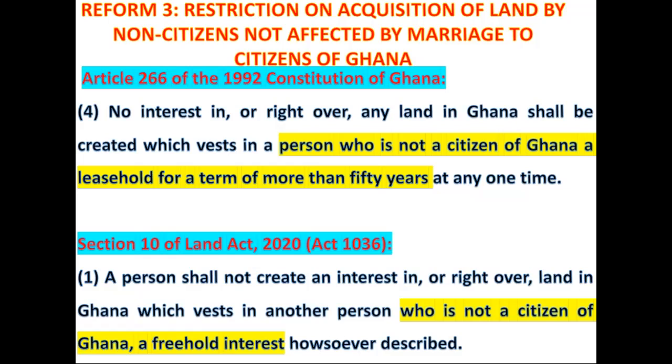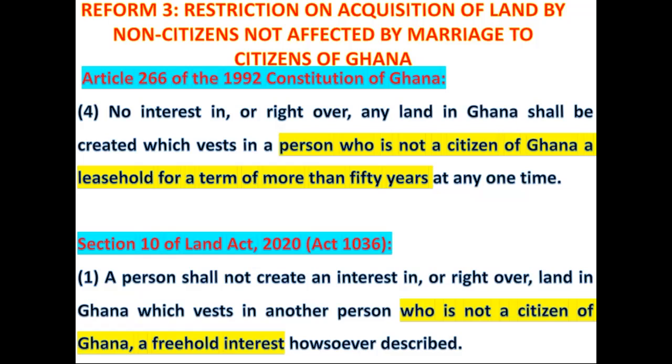It means that when it comes to creating an interest in land to a non-citizen, you cannot under any circumstance create a freehold interest howsoever it has been described. That is Section 10 of the Land Act of 2020, Act 1036.